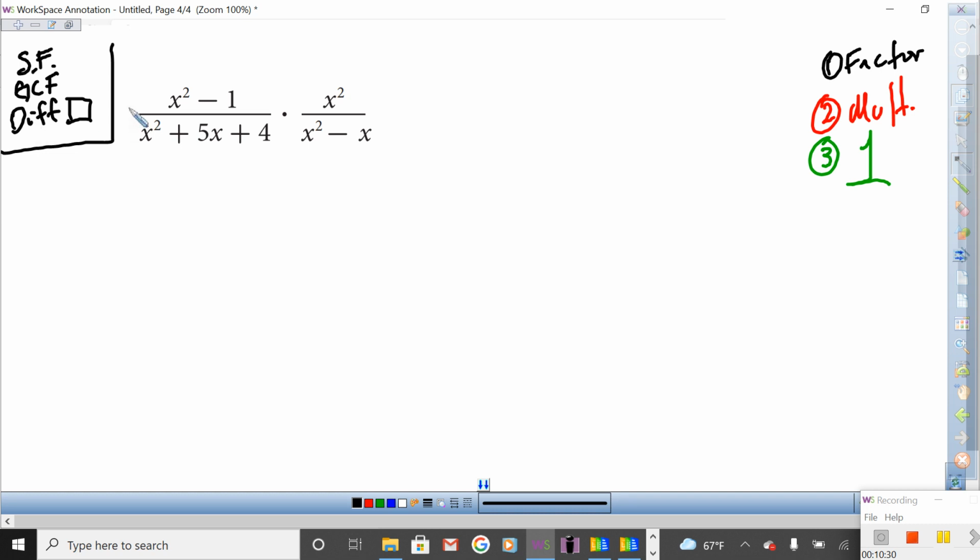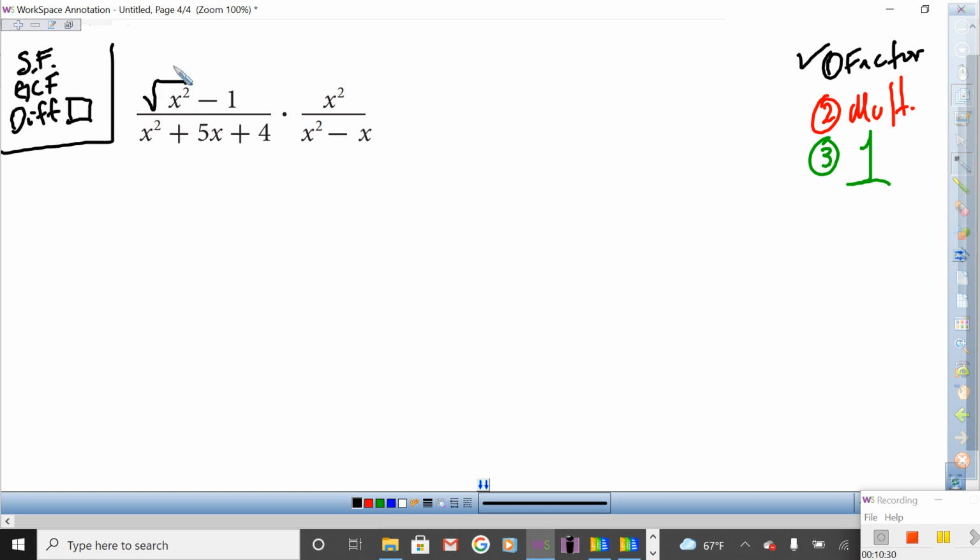So let's do this one together. Y'all ready? Here we go. Step 1, let's factor. So since we're going to factor, I'm going to look at the numerator. Standard form, yes. GCF, no. Difference of squares, well, let me check. It's got a subtraction that's different. It's a binomial. Okay, so far so good, so let me check.